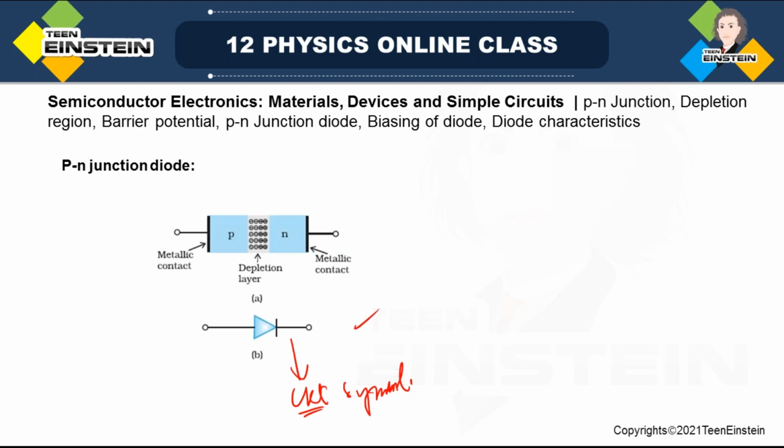Okay, now we'll see what happens if we connect a positive terminal of this battery and this will be there in the negative.